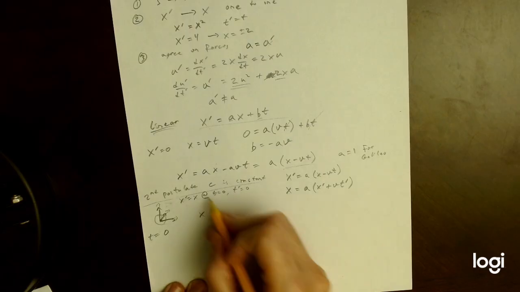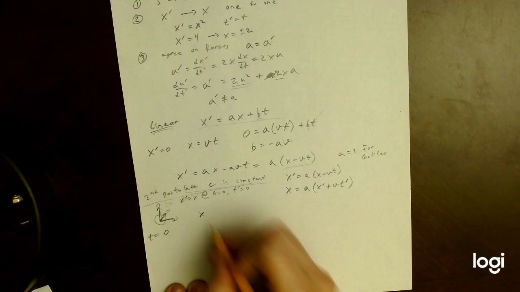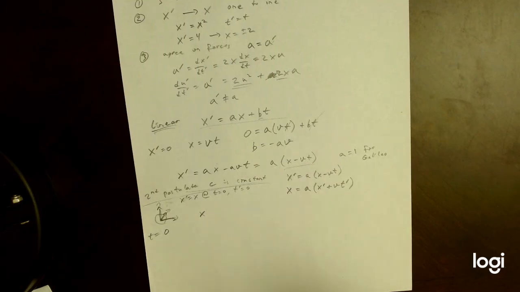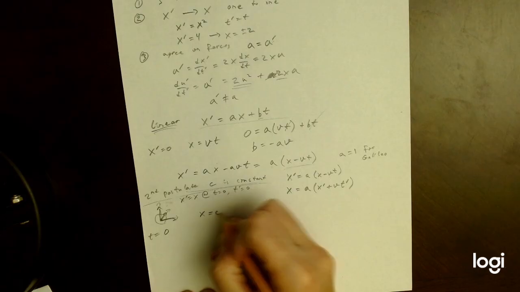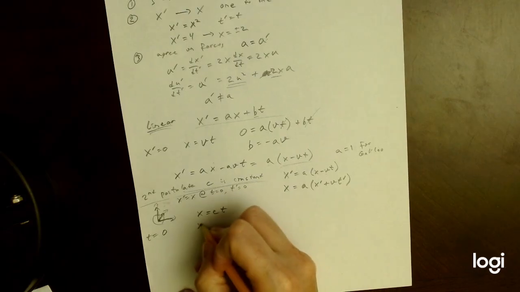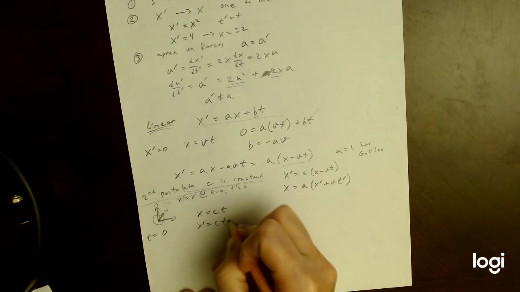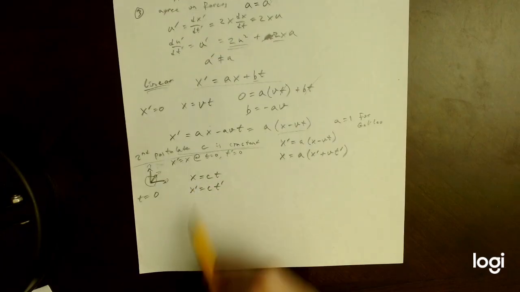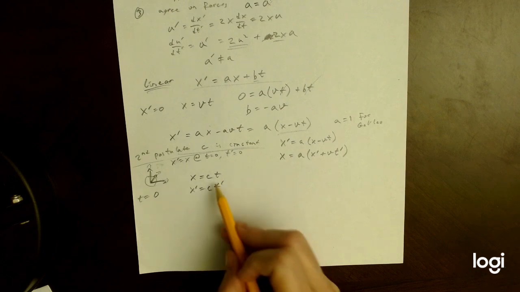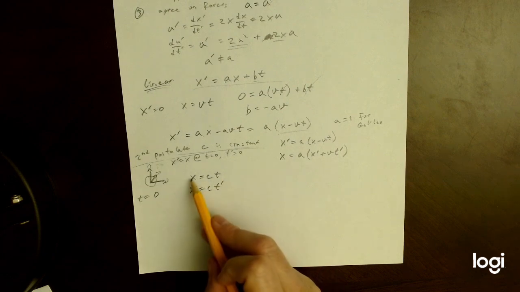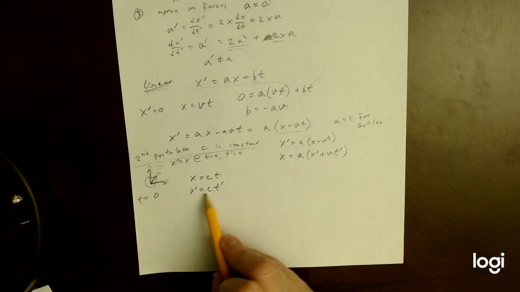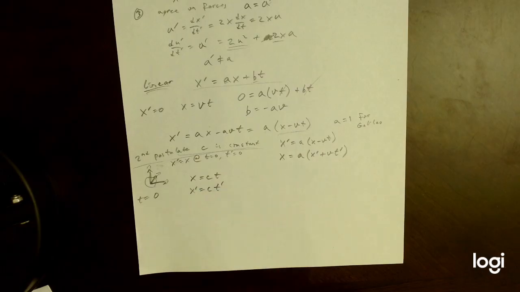And because we know that c is constant, both observers will see the position of this spherical wavefront propagating outward at speed c. So the coordinate of where that spherical wave pulse is at any given instant in time will be, in the s frame, x equals ct, and in the s prime frame, x prime equals ct prime.